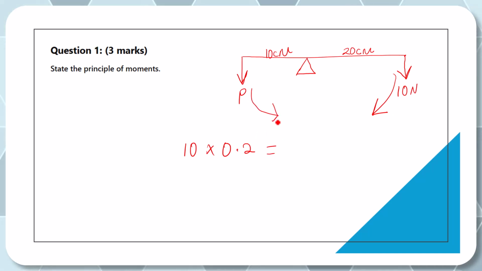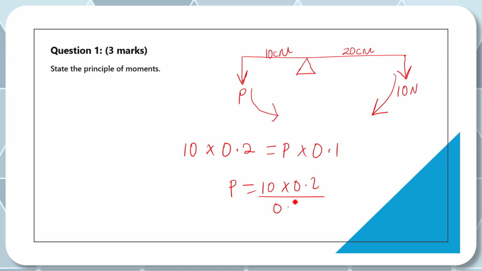This is going to spin anti-clockwise, and that'll be force times the length, which is 0.1. So they should be equal. Then I can find what P is by multiplying 10 by 0.2 on this side, then dividing by 0.1, and that'll give me the answer.